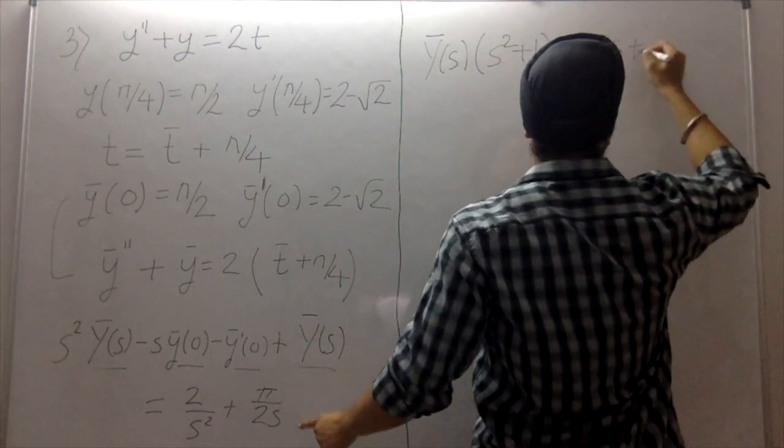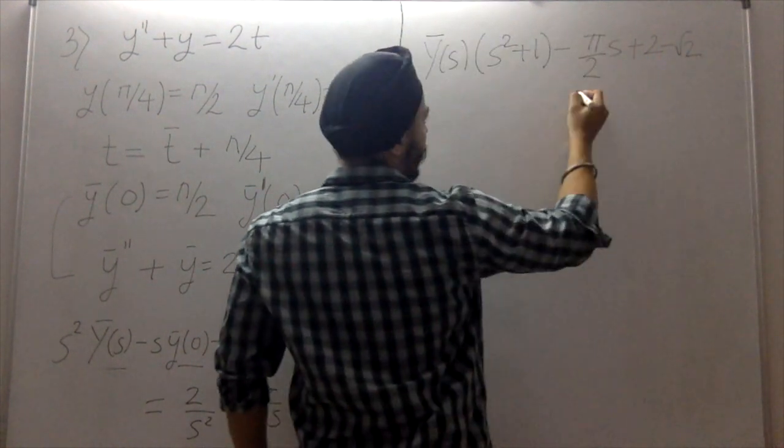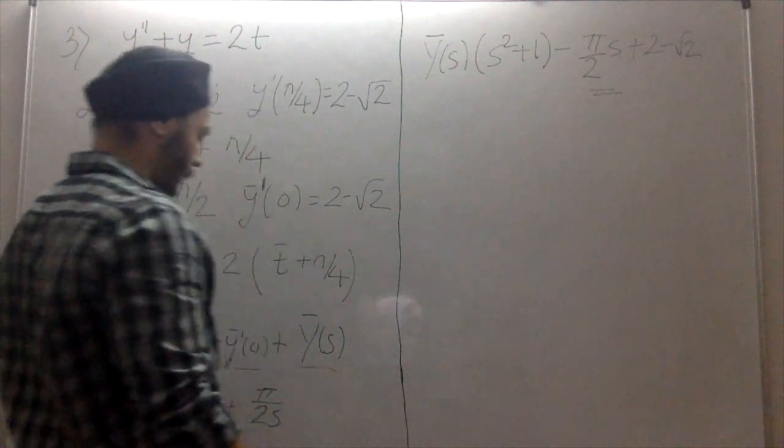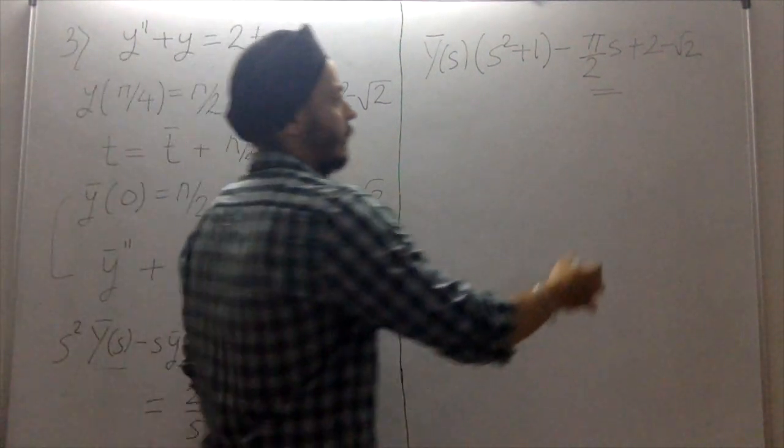So plus 2 minus root 2. This whole thing will be equal to 2 by s square plus pi by 2s.